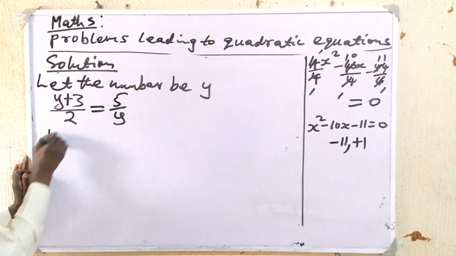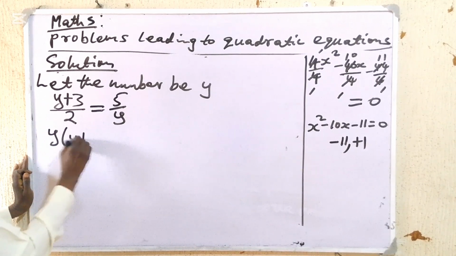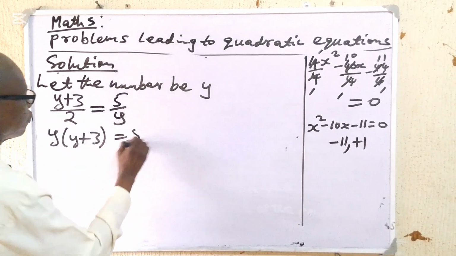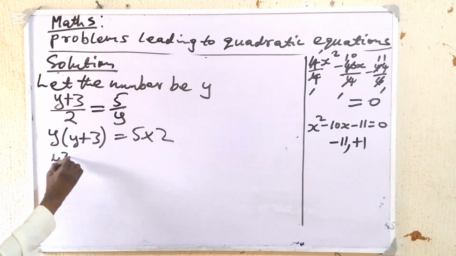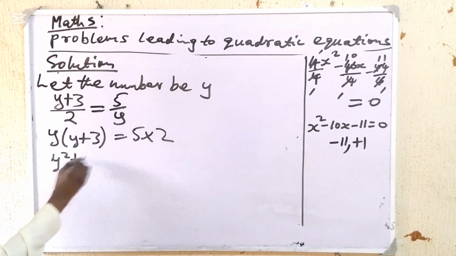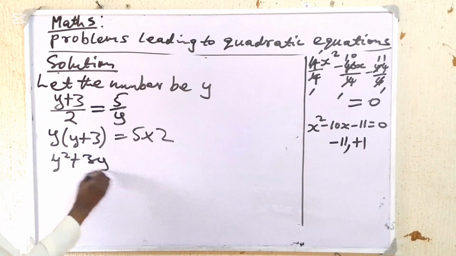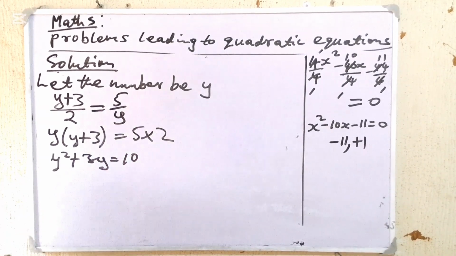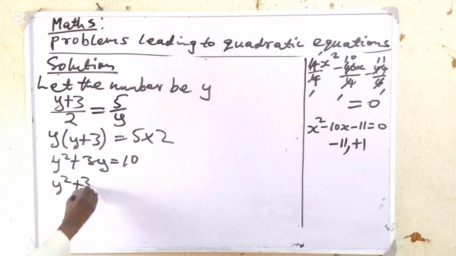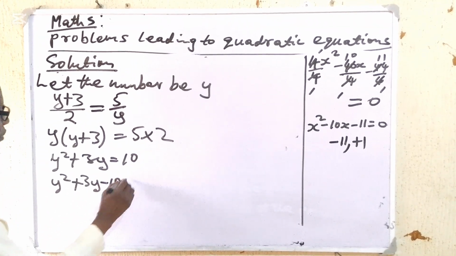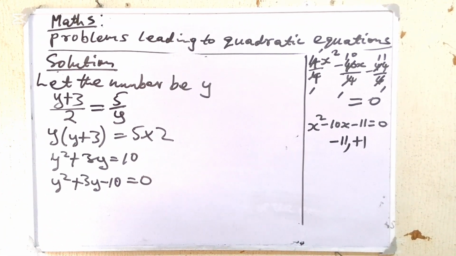So this will give us y into y plus 3 equal to 5 times 2, and that is y squared, y times y, and then y times 3, 3y equal to 10. That gives us y squared plus 3y minus 10 equal to 0.